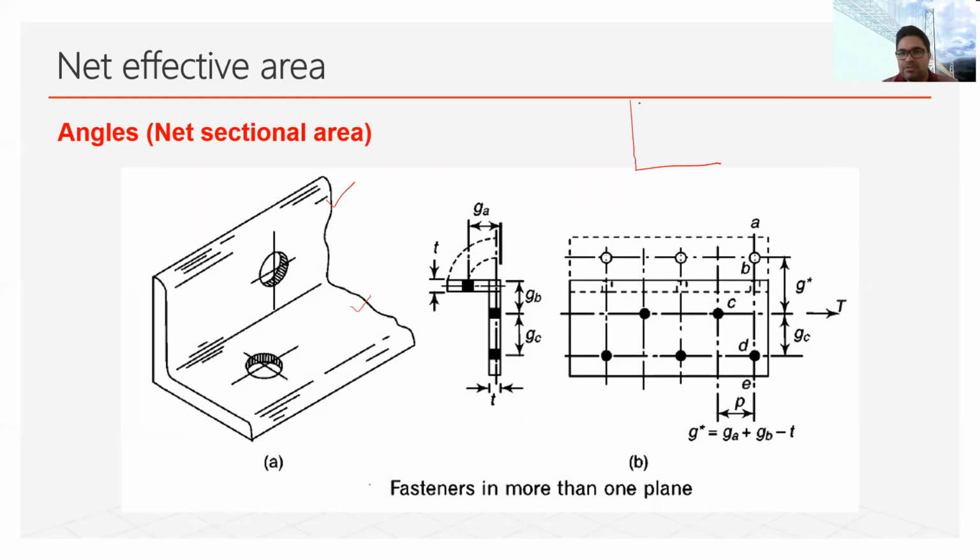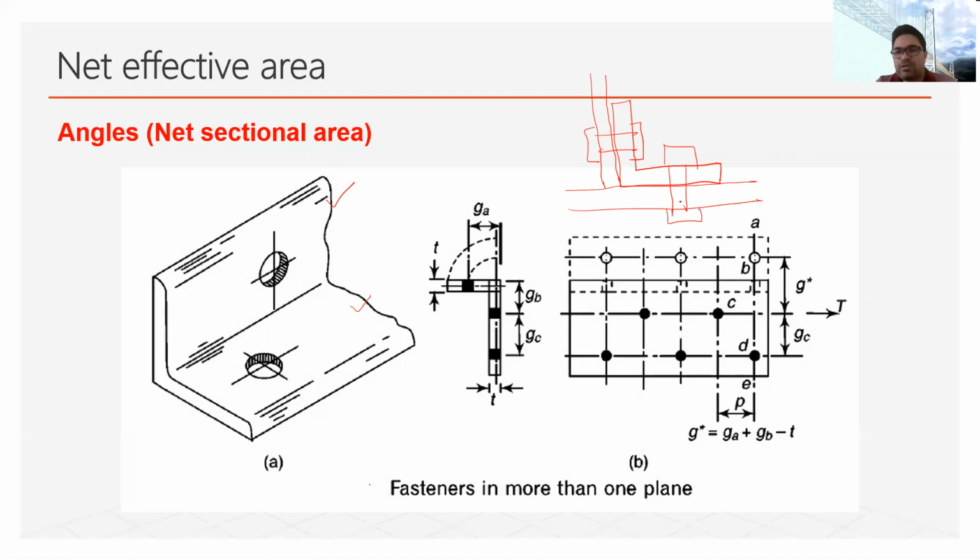For example, in this case, there may be a connection along this plate, or maybe along this plate also. If there are connections like this and connections along both legs also, how do we find out the net effective area in that case?